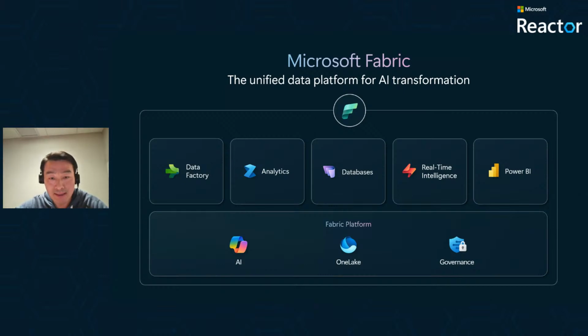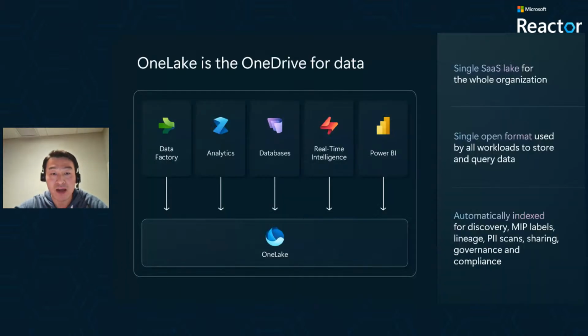On the next slide, I'm gonna double-click on OneLake in Microsoft Fabric. As you can see in this slide, OneLake is designed as a single SaaS data lake for your entire organization. Once your data has been landed into OneLake, it's stored in an open data format, Delta Parquet.